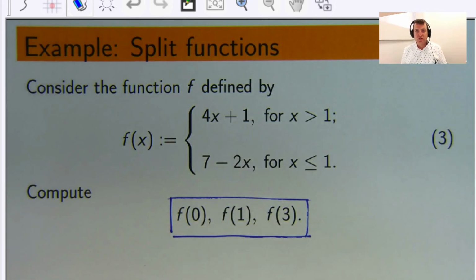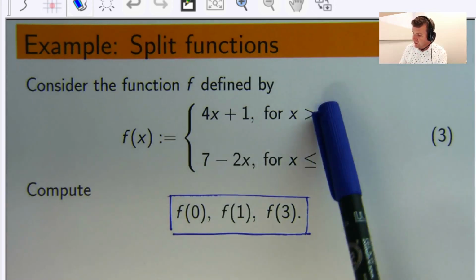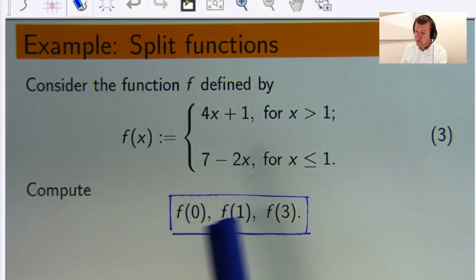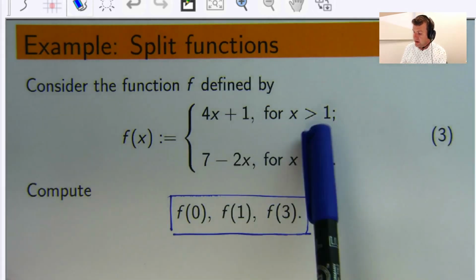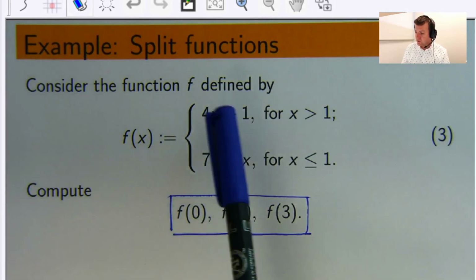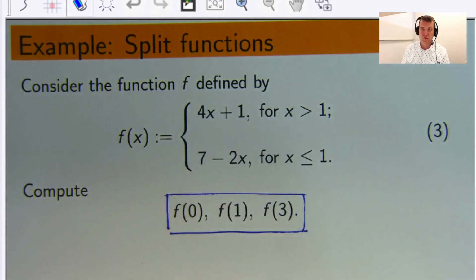You don't need to draw a graph to do these problems. It's pretty easy. You can see the change occurs at 1. So depending on whether the input is greater than 1 or less than or equal to 1, you know it's this bit or it's this bit that you're working with.